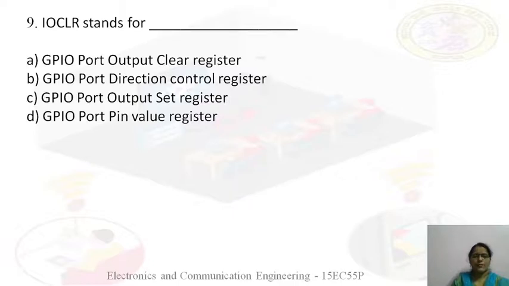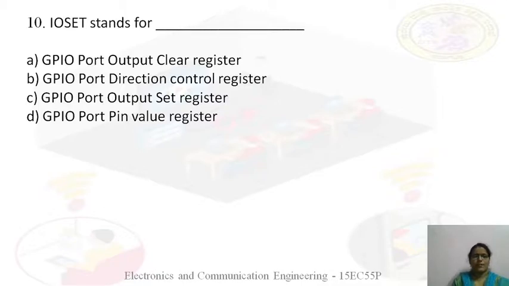IOCLR stands for, the long form of IOCLR is option A, GPIO port output clear register. So the last one, IO set stands for, what is the long form of the IO set register? So the right option is C, IO set stands for GPIO port output set register.